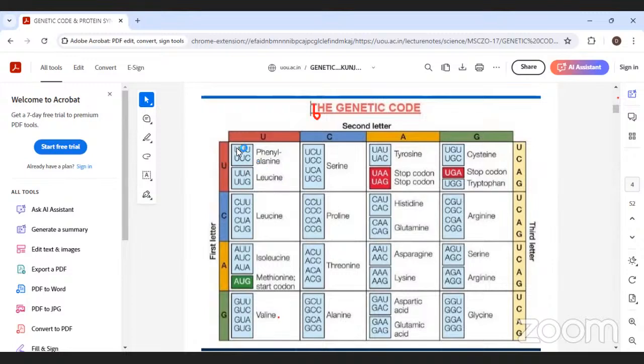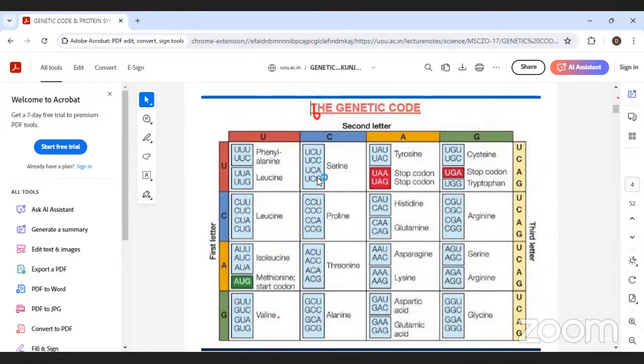U meaning uracil, C meaning cytosine, A meaning adenine, G meaning guanine. These are the nucleotides, the purines and pyrimidines.